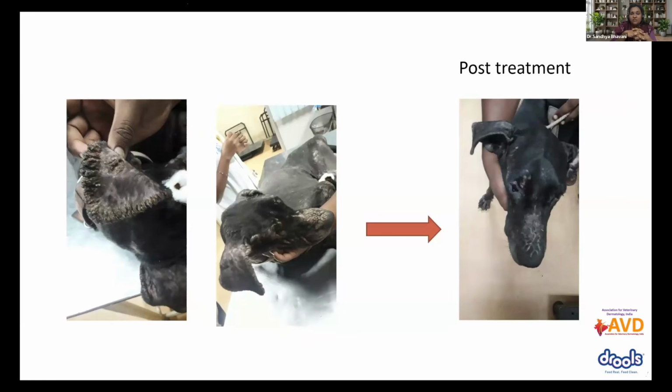So this is the dog with scaly lesions on the ear tip and also on the face. You can see the nasal planum is affected so much, it looks like hyperkeratosis, but actually it is a crust. After treatment with ivermectins and shampoos, it was cured. Even the ear margin is back to normal, though there is alopecia, the crust has been removed.